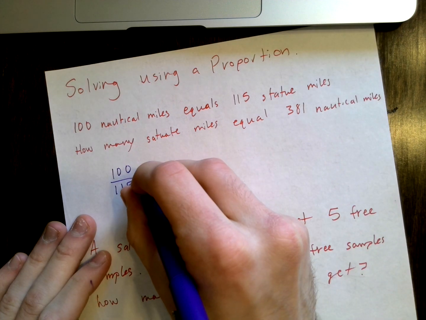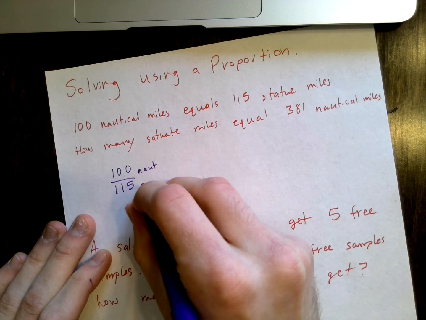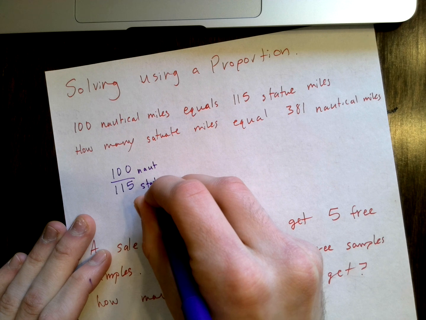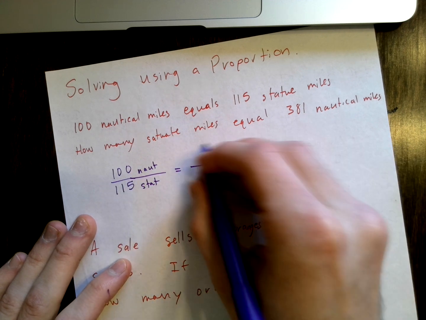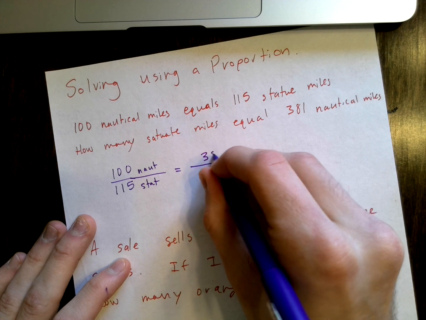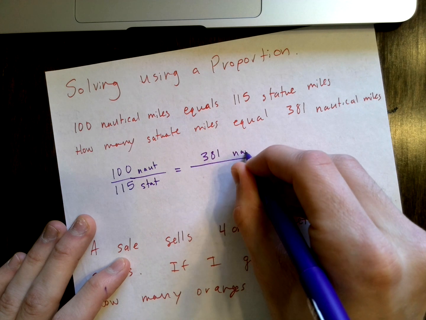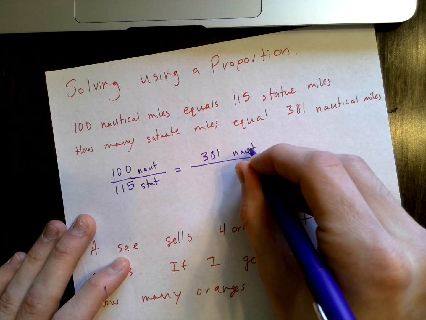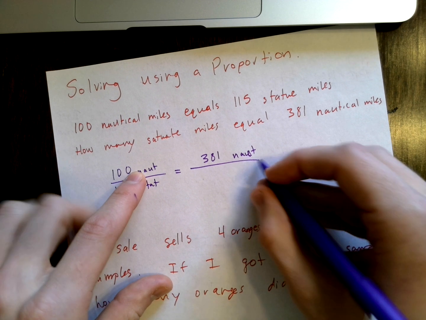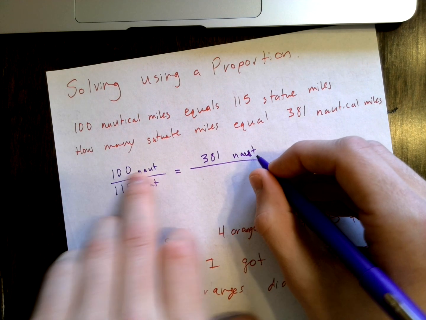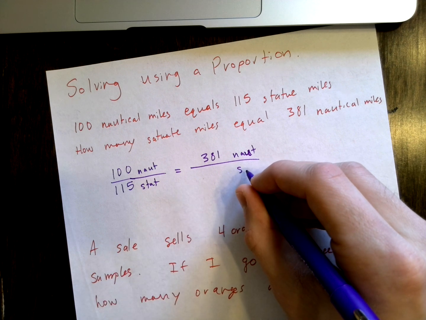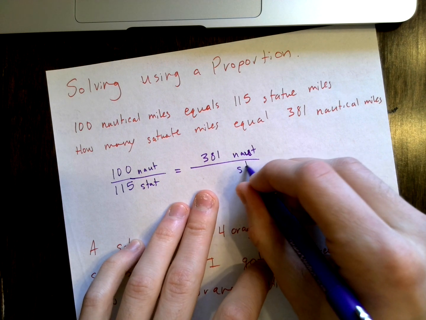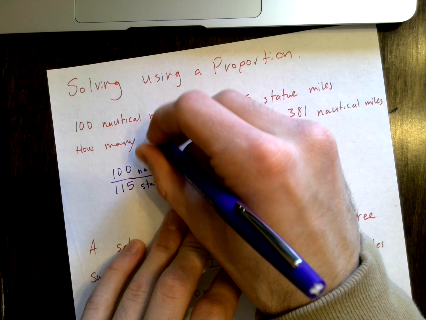I'm going to put nautical miles up here, and I have to make sure I put the nautical miles in the same spot. So notice I'm putting nautical miles on top this time because they have to be equivalent fractions. This isn't like last time when we were converting fractions. We're not converting any fractions here.